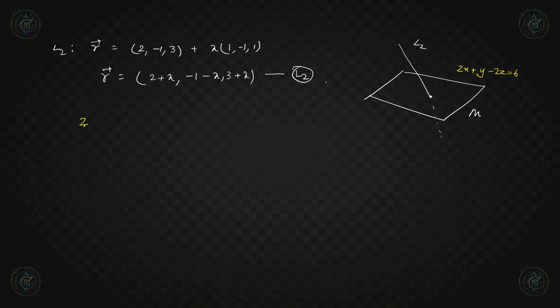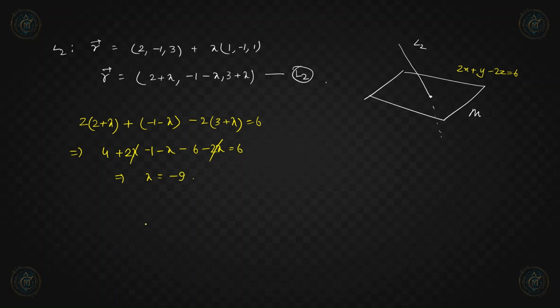That means 2 times (2 + lambda) plus (-1 - lambda) minus 2 times (3 + lambda) equals 6. So from here, 4 + 2 lambda - 1 - lambda - 6 - 2 lambda = 6. From here lambda comes out to be -9.